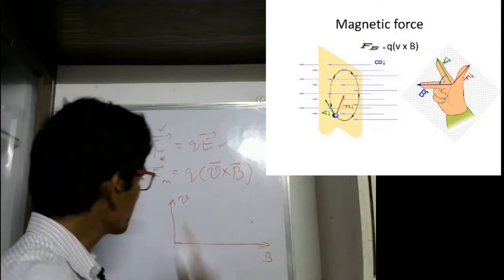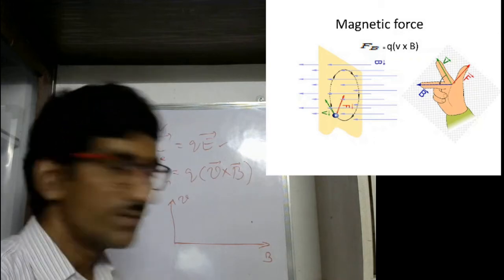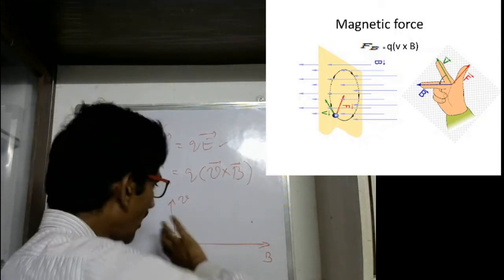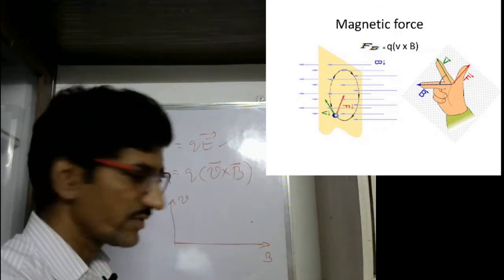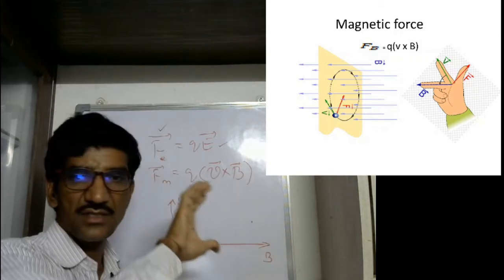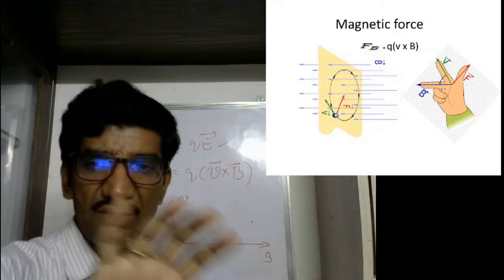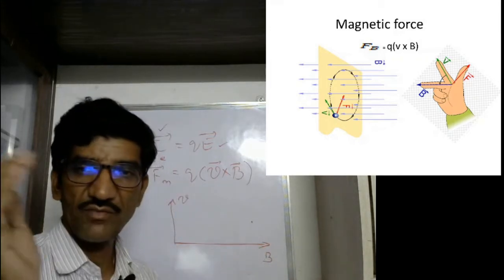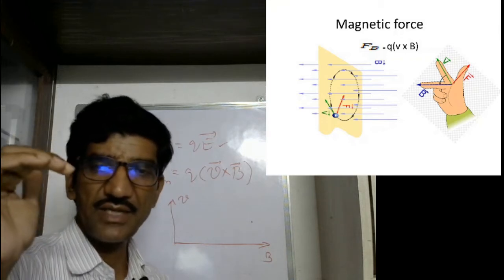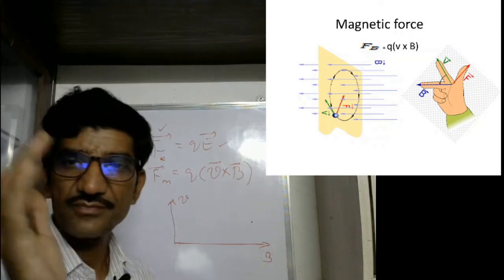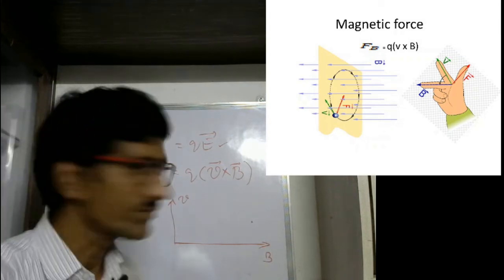Now what happens here, if you try to bring this V vector onto the B vector with the help of your fingers. What happens here?